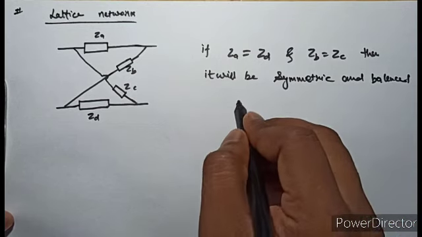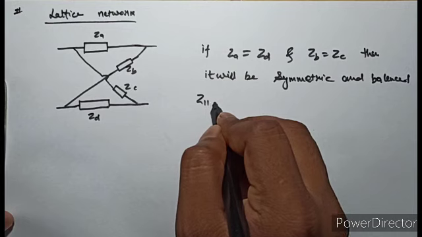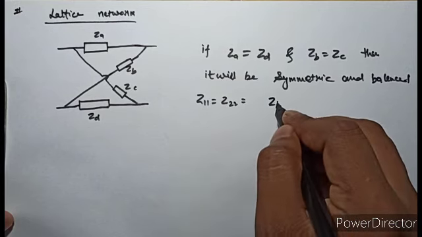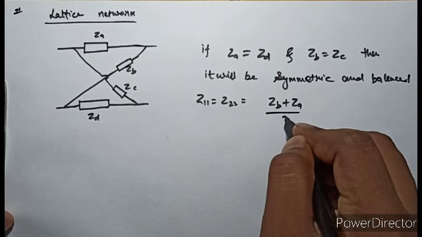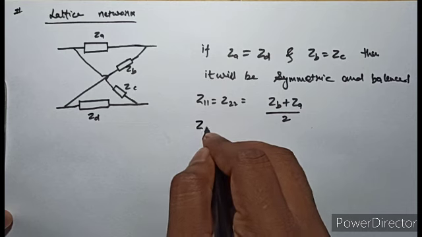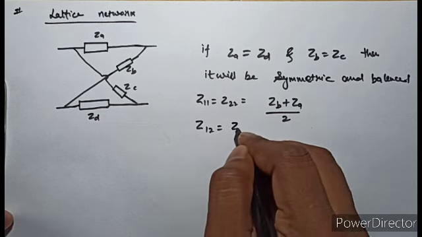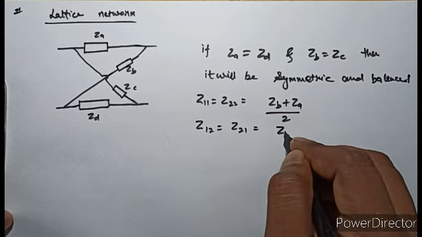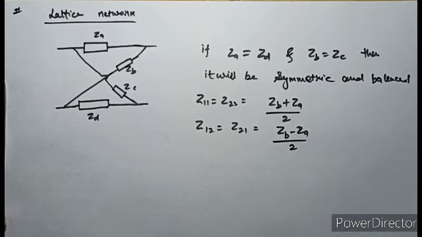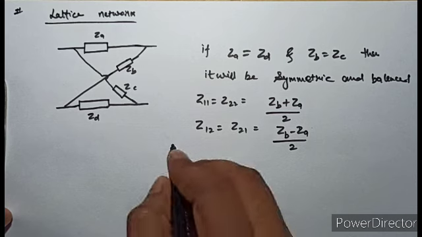In that case our Z11 will be (ZB plus ZA) by 2, and our Z12 equal to Z21 will be the difference by 2, isn't it?